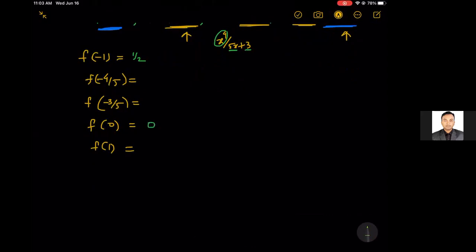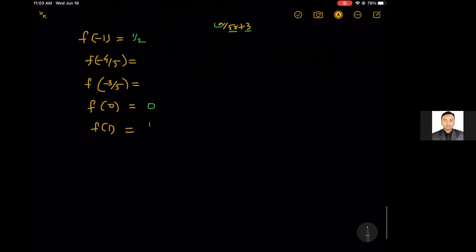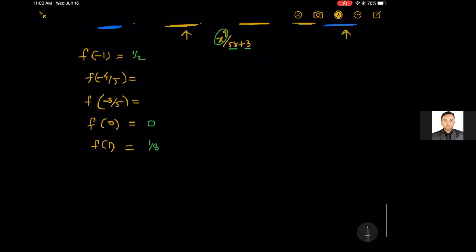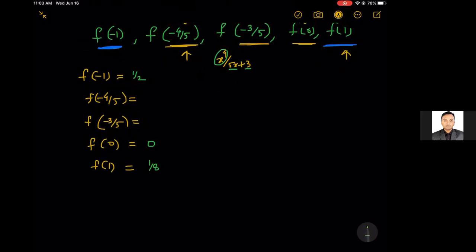If I plug in 1, it becomes 1/8. If I plug in -4/5, it will be a huge number, 4 to the power 5th, and it will have 5 times -4/5 plus 3.